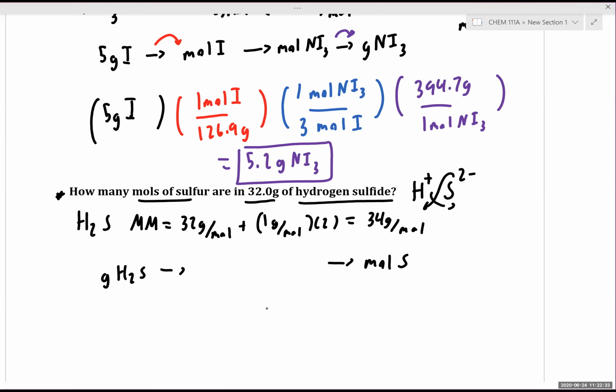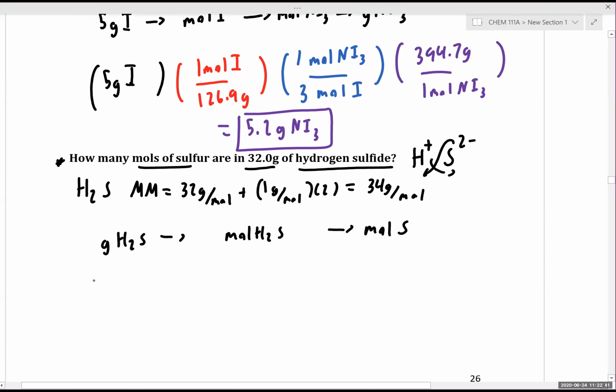Moles of hydrogen sulfide. Yep, exactly right. So then, starting off, if we have 32.0 grams of hydrogen sulfide, in 1 mole of hydrogen sulfide, we know we have 34 grams.